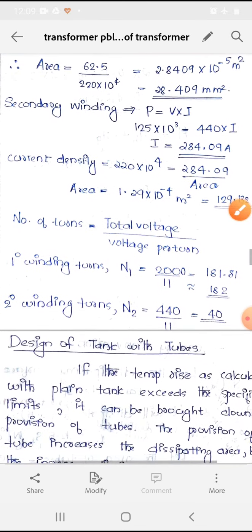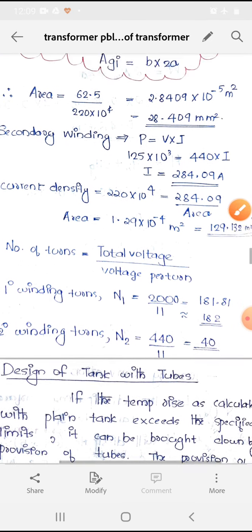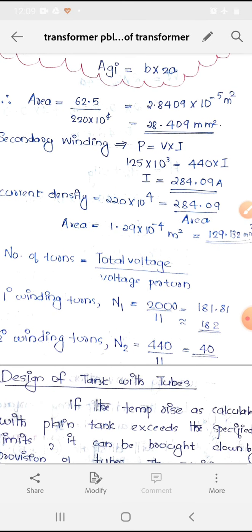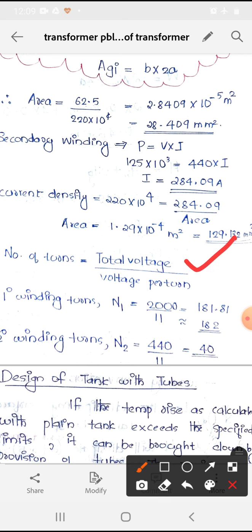Next, we will be going to find the number of turns. Normally number of turns is equal to total voltage by voltage per turn. So in the case of primary winding, number of turns N1 is equal to total voltage, that is the primary side voltage, divided by voltage per turn, that is given in the question as 11.